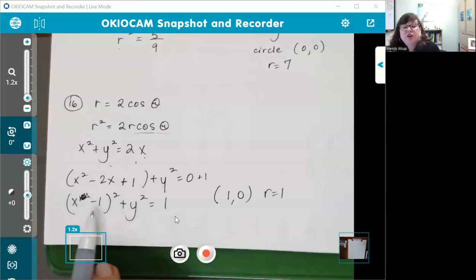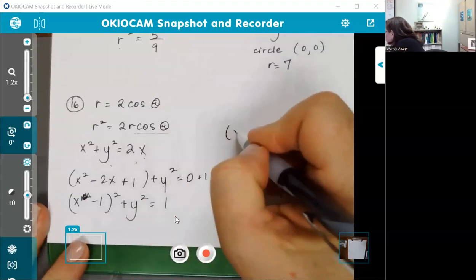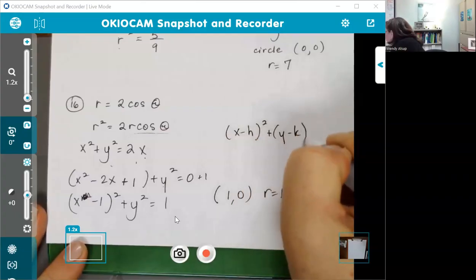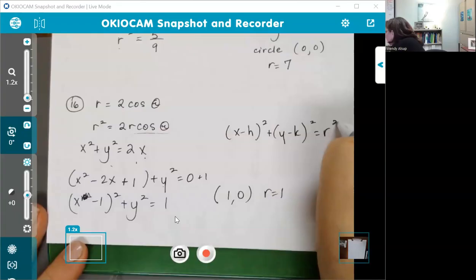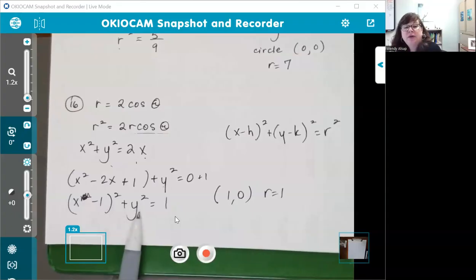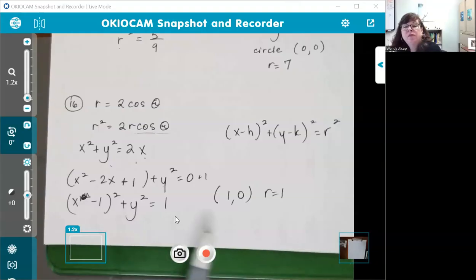This is a circle. Remember, the basic formula for a circle is (x minus h) all squared plus (y minus k) all squared equals r squared. So this is a circle with center (1, 0) and a radius of the square root of 1, which is 1. Circle with center (1, 0), radius of 1.